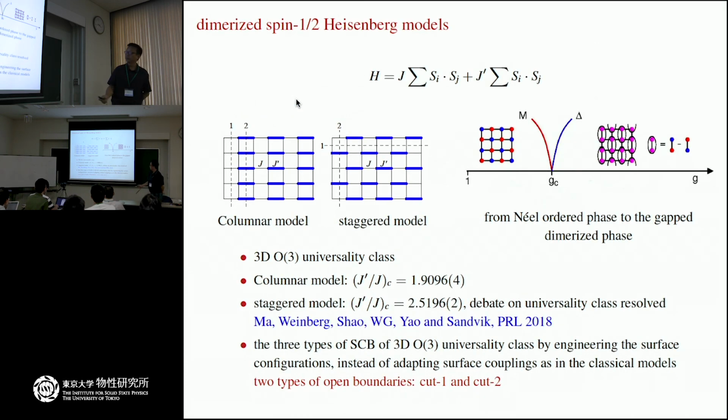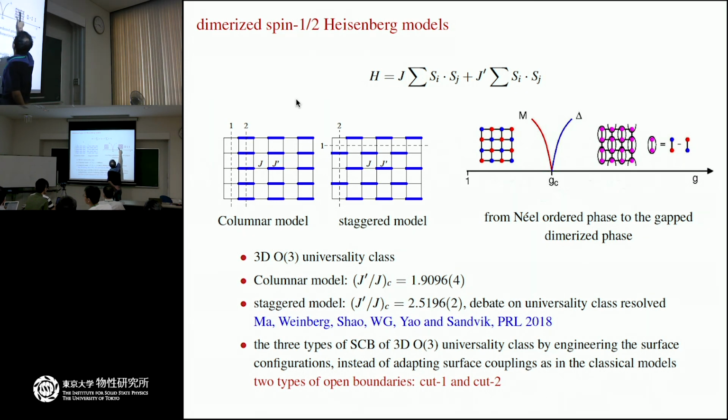Yeah, this one. You see, J prime over J is different. But the staggered dimerized phases are not next to the Néel order phase, right? If this is the staggered one, this is new. I think they're two different models.